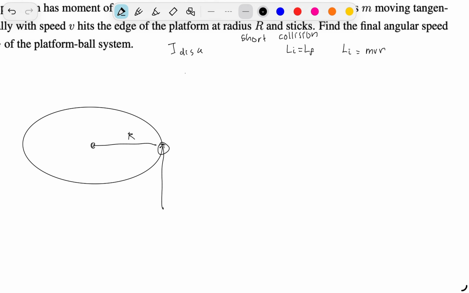That's why we can say that delta L is going to be conserved, because again, delta L is equal to torque times delta T. And if the time is very small, that change in angular momentum is going to be negligible, which is why we have a conservation of angular momentum.